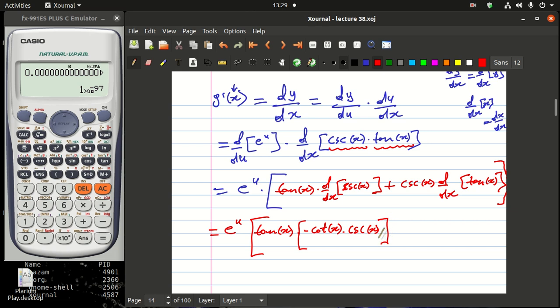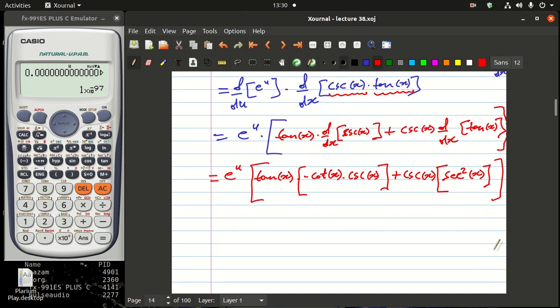I want you to still remember that the derivative of cosecant is always going to be cot and cosecant. And then after that, we still have cosec of x, and then what is the derivative of tan? We know that the derivative of tan of x is just going to be sec squared of x. That's what is important about this whole thing.